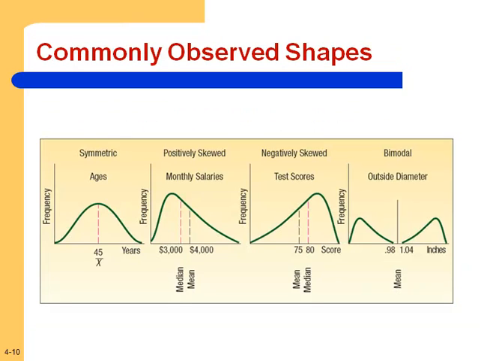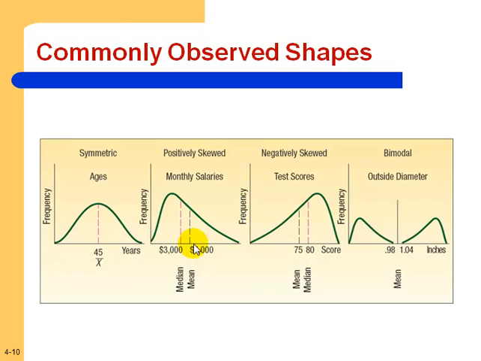So what does the shape of the skewness of the distribution look like? Let's take a look at these graphs. The first one is the symmetric. The skewness is 0. For the symmetric distribution, the mean, median, and the mode are the same. For the positively skewed, the mean is greater than the median and greater than the mode.